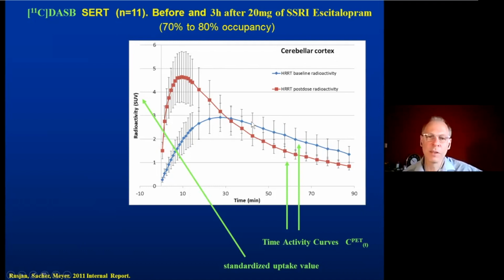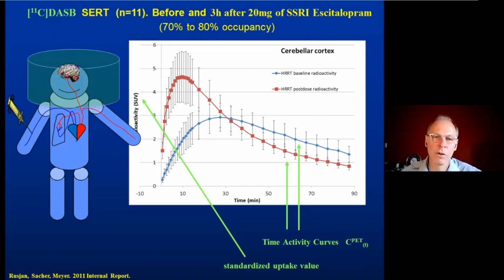These time activity curves are very different because of what is happening in the delivery of the radioligand to the brain. When we inject the radioligand intravenously, before going to all the organs in the body, it goes through the lungs. There is a lot of serotonin transporter in the lungs. So in the baseline condition, the radioligand gets delayed in the lungs before going to all the organs.